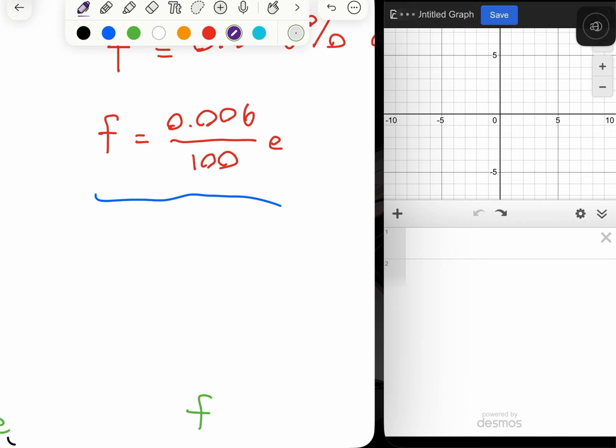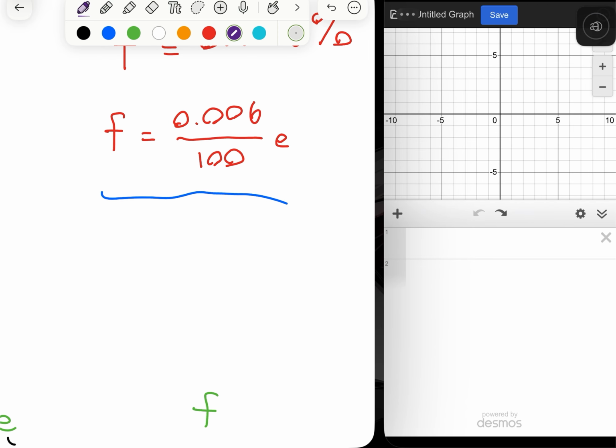So let's divide each side. If you divide each side by this value, you should get the value of E in terms of F. So that means if you do F divided by 0.006 over 100, that gives you E.